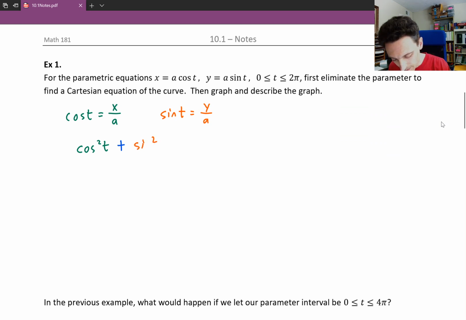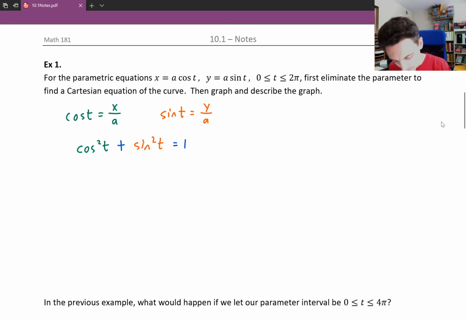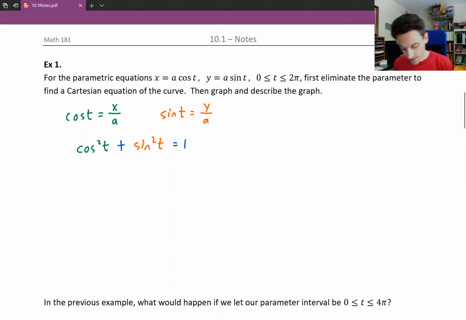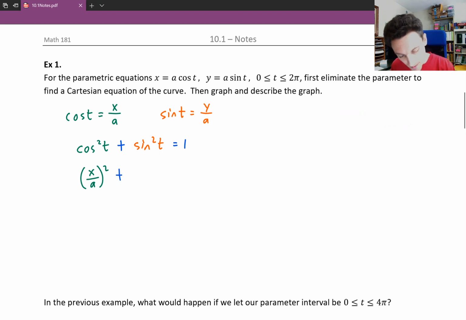It's the same thing. And now remember, cosine squared t just means cosine of t quantity squared. So instead of cosine t, we can write x over a, and then we have squared, plus, then instead of sine squared t, we're going to write y over a quantity squared equals 1.